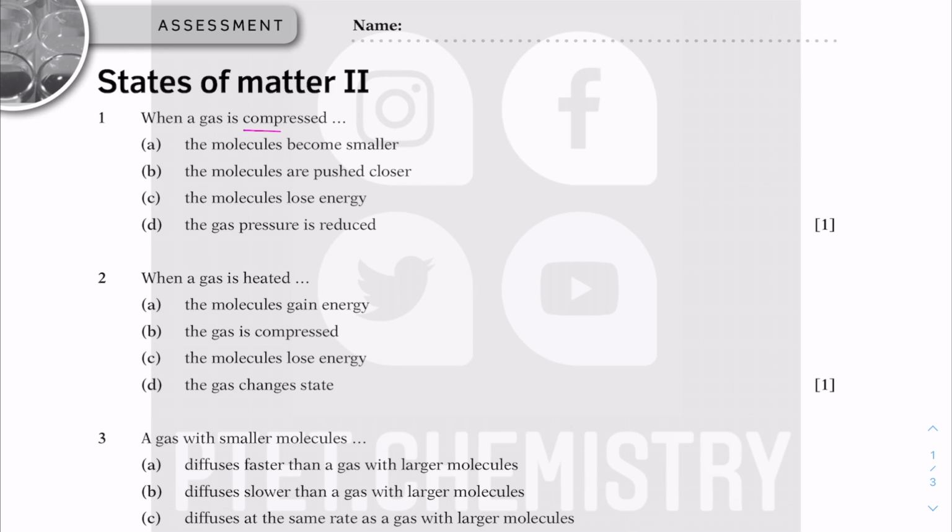So when a gas is compressed, compression of gas means you apply pressure. So you would need to think about what happens to gases when you apply pressure. If you think about your piston example, if you have a piston like this, and then you apply pressure, so you push the piston even further in, what happens is that here your gas molecules would be like this, but here they are a lot closer together.